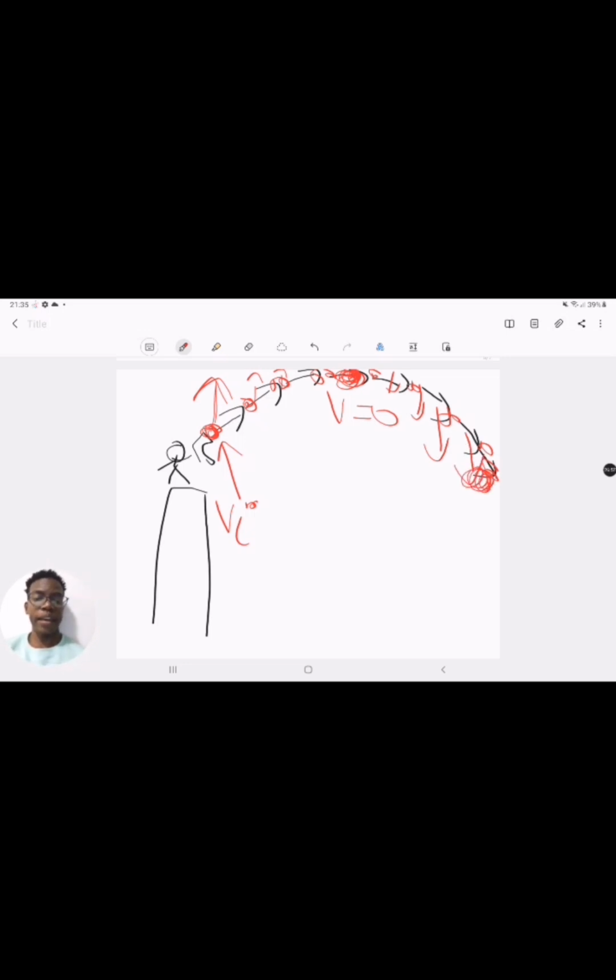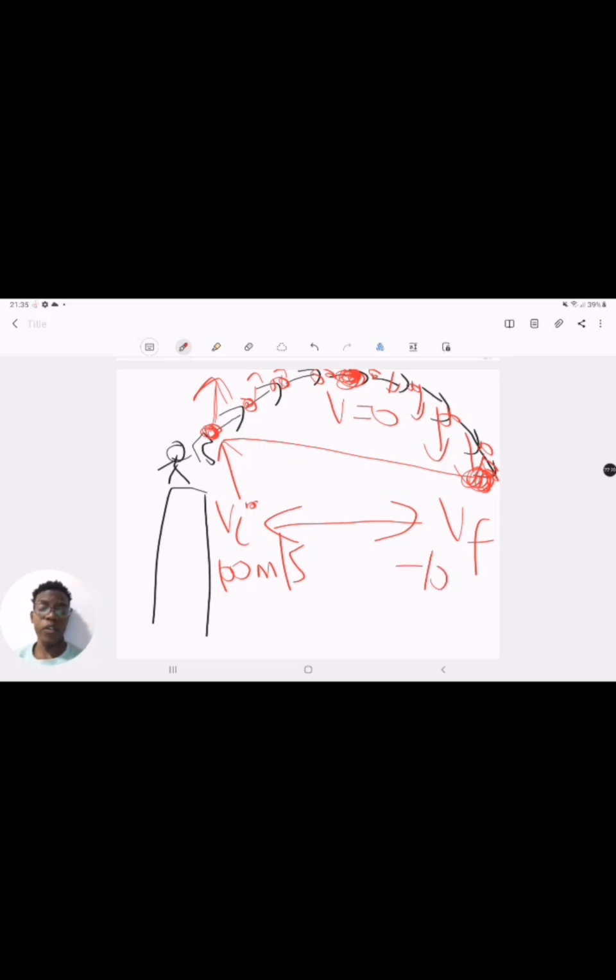When it's back at the same point from which it was shot up, it has a final velocity, and the magnitude of these two velocities is exactly the same. So if this was 100 meters per second upwards, then this is going to be 100 meters per second downwards. Okay, so that is vertical projectile motion.